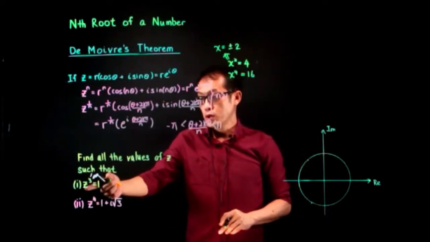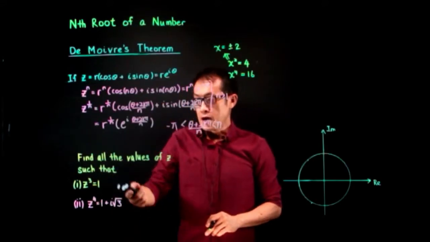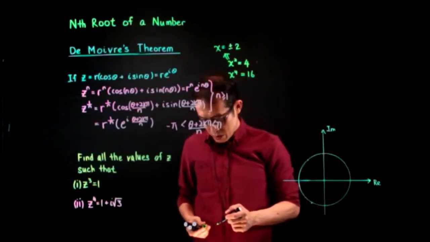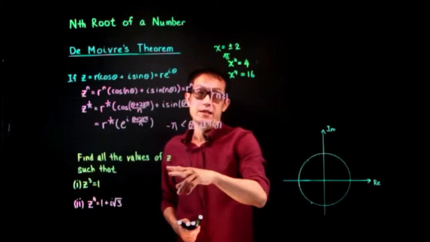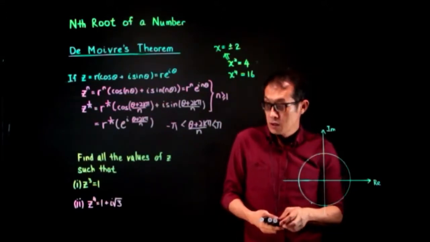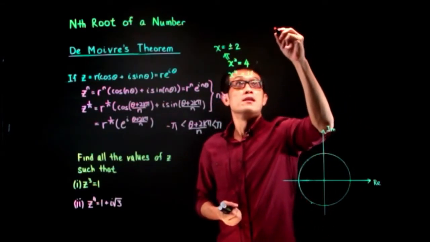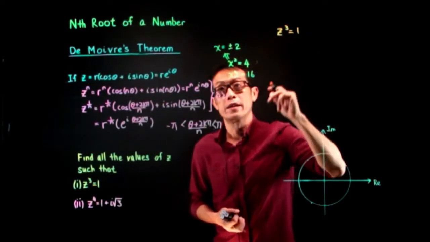Now, without further ado, let's try to solve the first sum here. You are asked to find all the values of z such that z cubed equals 1. When they say all, they are saying that z can be real or complex. Now, it is given that z cubed equals 1.